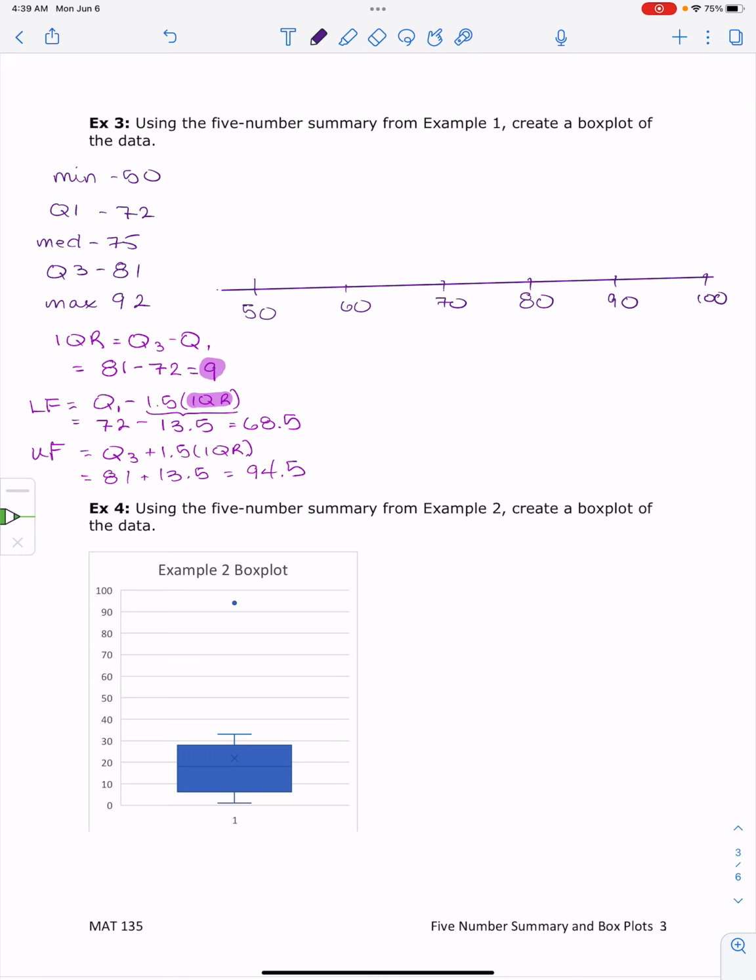I am going to make note of where my lower fence and my upper fence is. So I've got a lower fence of 68.5. So here's my lower fence.